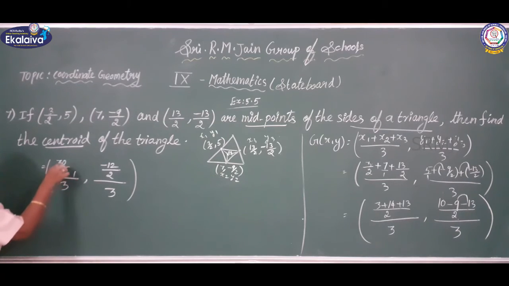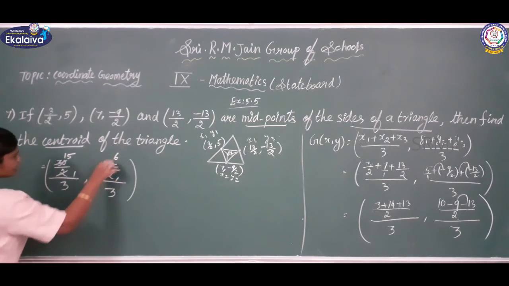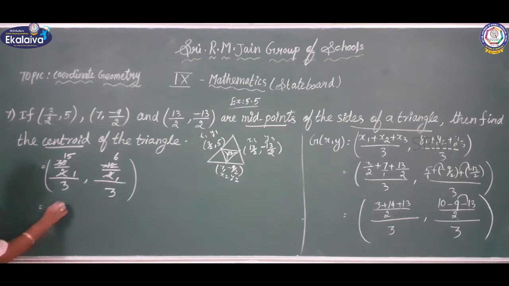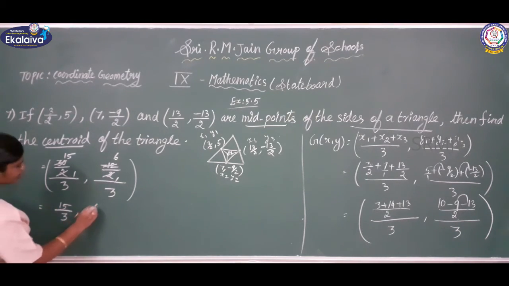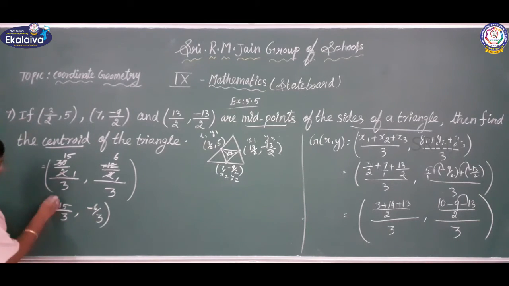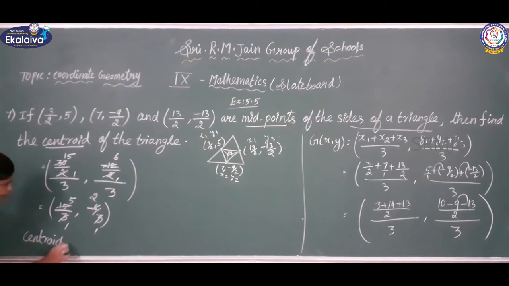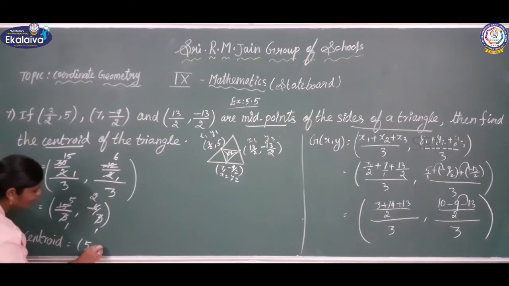Okay. So 2 ones are 2, 15 2s are 30, 2 ones are 2, 2 6s are 12. So 15/3 comma minus 6/3. 3 ones are 3, 3 5s are 15, 3 ones are 3, 3 2s are 6. So centroid equal to 5 comma minus 2.